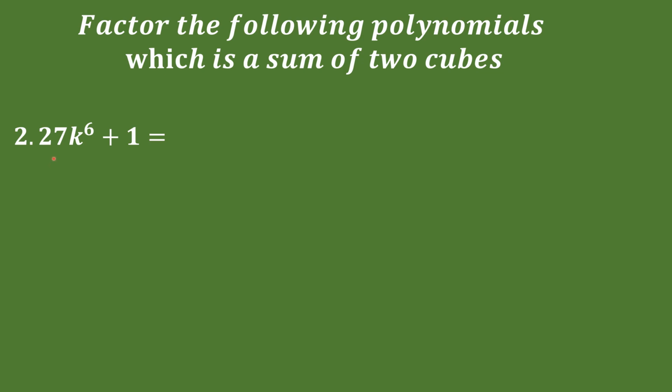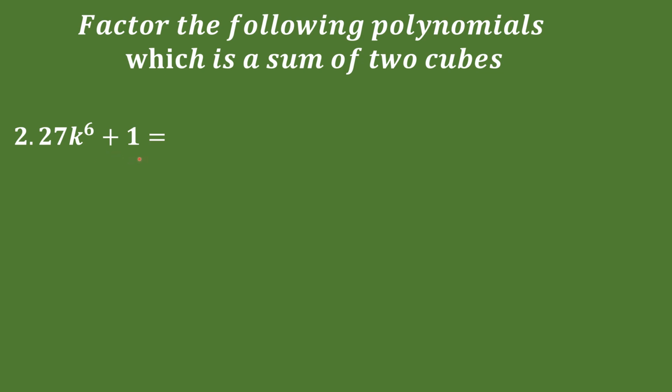It's 3. So 27 is a perfect cube. Then k to the 6 is the exponent of our variable k. Is this exactly divisible by 3? Yes, 6 divided by 3 will give us an answer of 2.